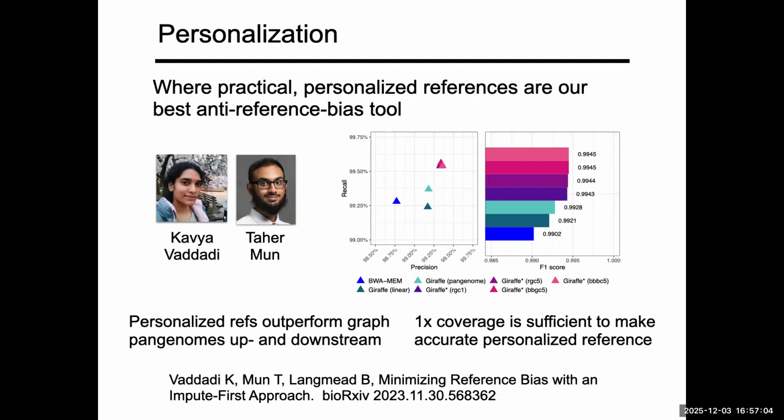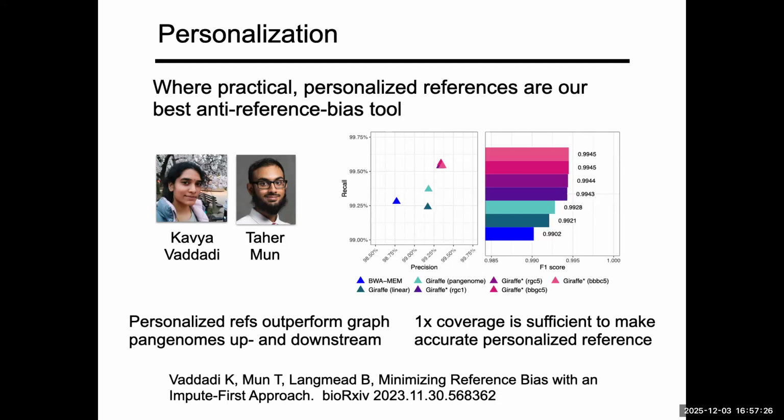Ideally, you want your reference to have exactly the variants that are present in your donor. And wonderfully today, we have imputation panels, excellent imputation panels, including imputation panels that include lots of structural variation and which are appropriate for building personalized references. So another approach would be you give me a whole genome sequencing data set, I take it, or maybe even I just take some of it, because actually 1x coverage is plenty for imputation.